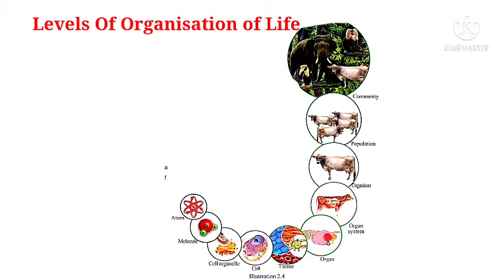Then organs combine together to form an organ system. And several such organ systems join together to form an organism. Several organisms combine together to form a population, and many such populations combine together to form a community. So here the smallest level is the atom and the highest level is the community.